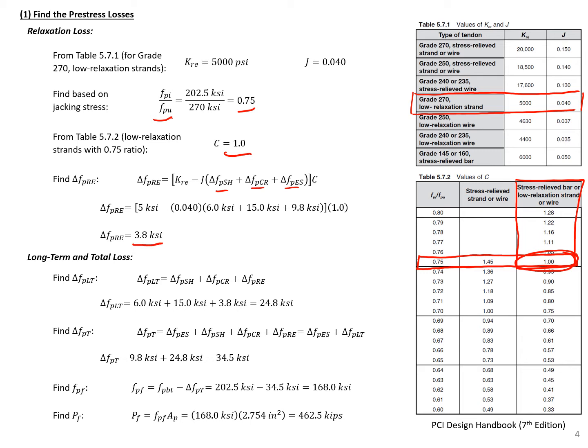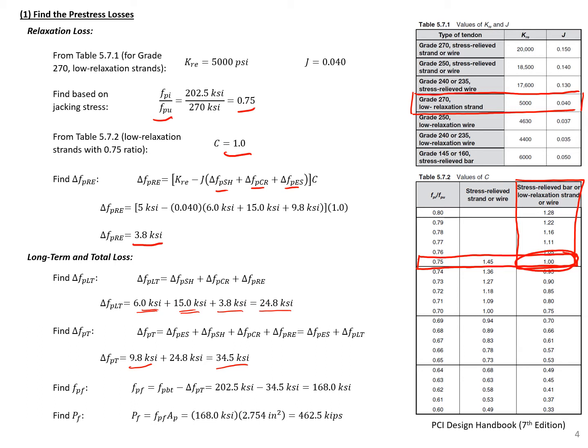We can add together our shrinkage loss, our creep loss, and our relaxation loss to get our long-term pre-stress losses. And then we can add that long-term pre-stress loss to our elastic shortening loss to get our total pre-stress loss.